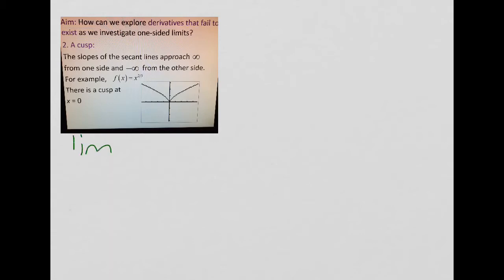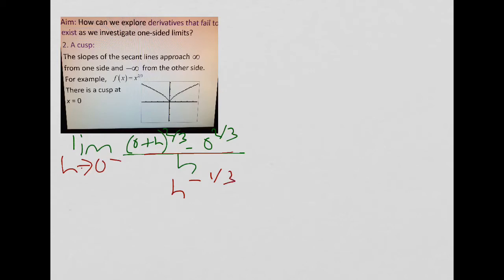So let's take a look at our function here. So 0 plus h minus 0. Typo. Okay, so the slope of our secant line turns out to be h to the 2/3 over h, and this becomes h to the negative 1/3.